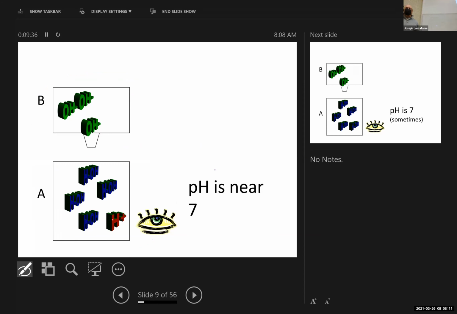But as I get close, what I'm going to have is essentially a rapid change from being less than 7 to being more than 7, right? Because at this point, I'm acidic, but just barely acidic because I have very little proton concentration left.